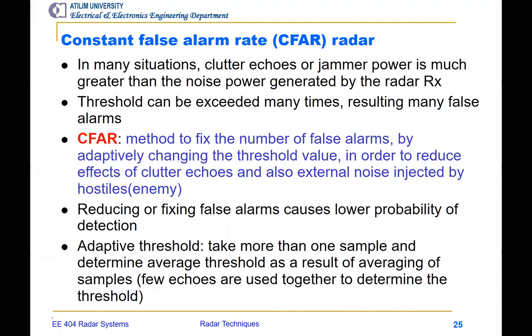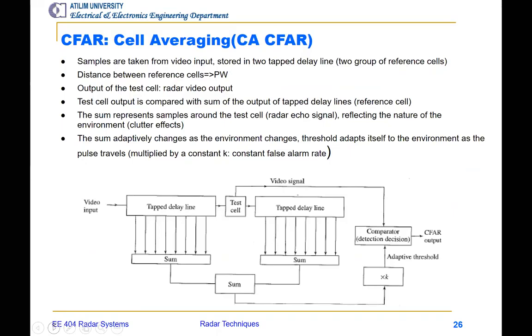And if we see that the signal increases slowly, we increase the threshold. Otherwise, if we have a signal slowly decreasing, then we reduce the threshold.